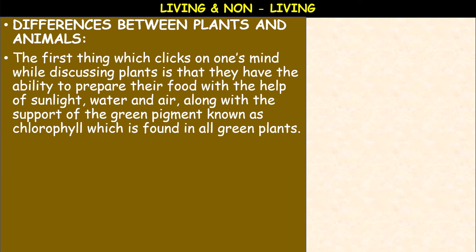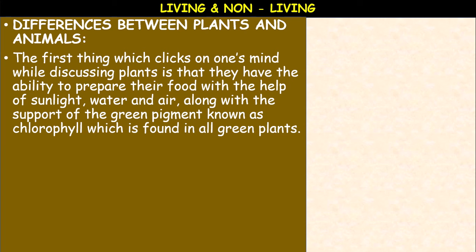The first thing that comes to one's mind while discussing plants is that they have the ability to prepare their food with the help of sunlight, water and air, along with the support of a green pigment known as chlorophyll, which is found in all green plants. Here we are discussing the difference between plants and animals in terms of nutrition.